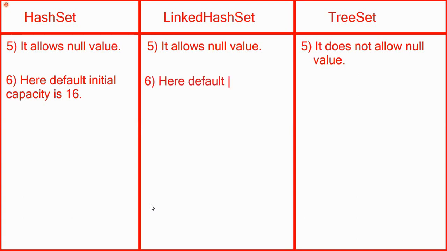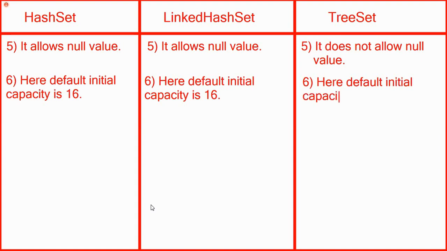Here default initial capacity is 0. Hash set default initial capacity is 16.